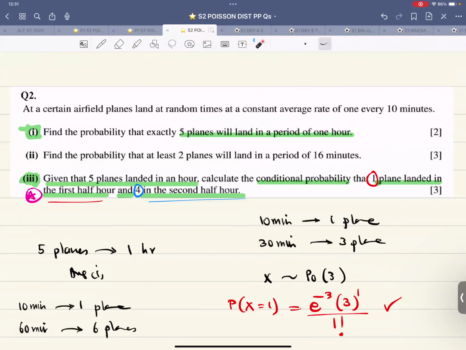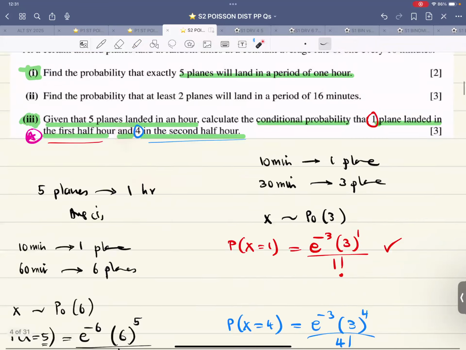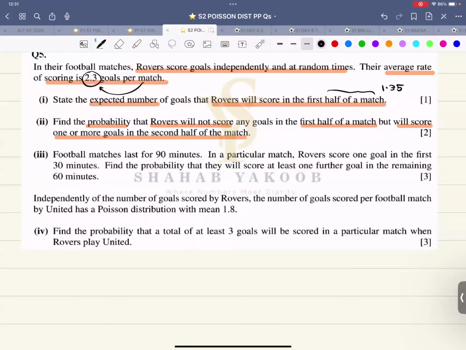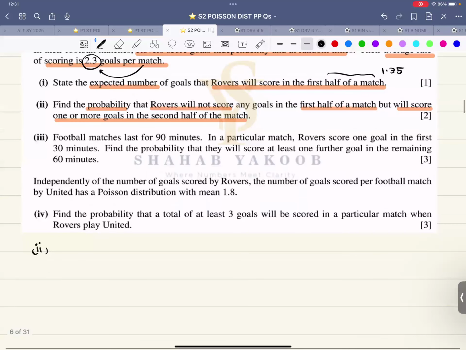It's not conditional probability, but it's this thing about that "and" thing. So now, first of all, let me write it down. Second part. That is X follows a Poisson distribution 1.35. This is half match, whether it's the first half or the second half.